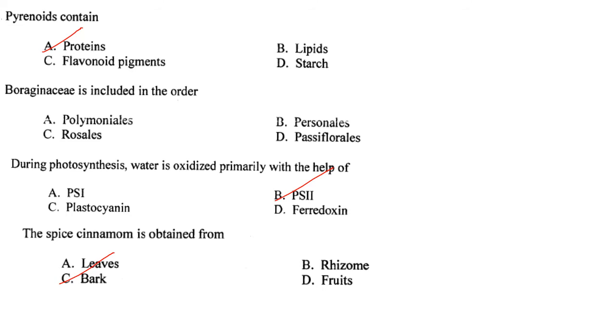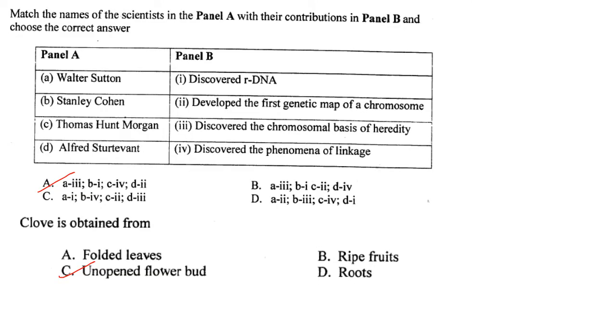Okay. The next one. During photosynthesis, water is oxidized primarily with the help of pigment system II. The spice cinnamon is obtained from the bark of the tree. Answer is option C. Then next one.